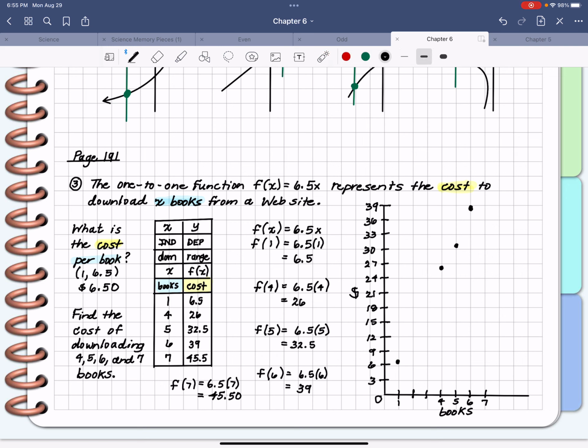It is 0, 0. If you spend no money, you get no books. So it is one of those proportional graphs. The slope of this graph is 6.50. The unit rate is $6.50 for one book, and the constant of proportionality is 6.5.